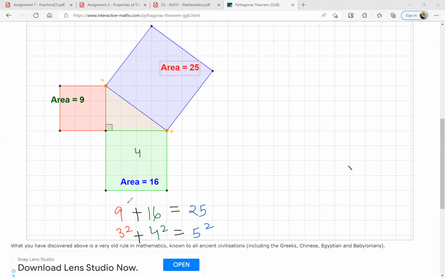What is the formula? a square plus b square equals c square, where a and b are the two perpendicular sides, and c is the hypotenuse. Always remember, the sum of the squares of the perpendicular sides is equal to the hypotenuse square, which is always on the right hand side.